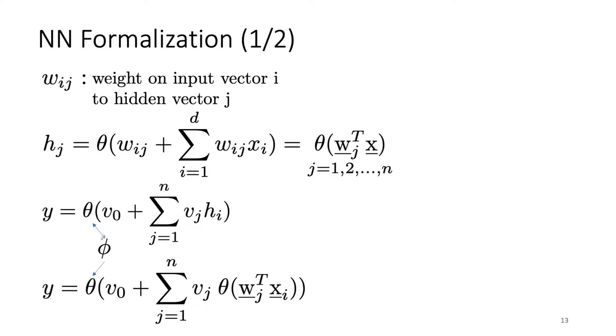And you can basically simplify it. So instead of this value, you can use the same value you found in the previous layer. The summation of V_j h_j, h_j is this. You found it there. So you have V_j and this.